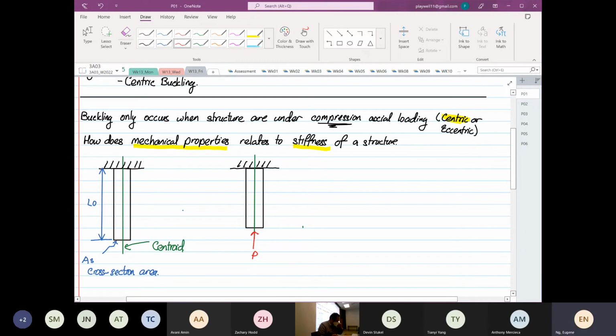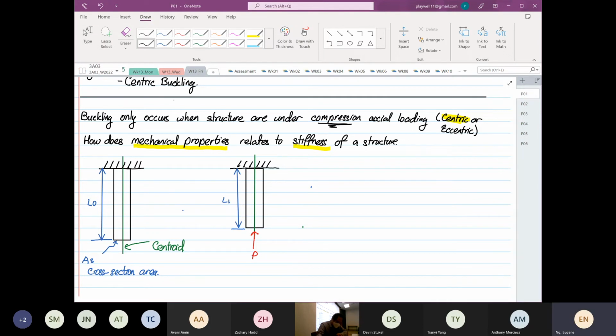So what we realize is that the length has been reduced. The length has been reduced. And this is now our L1.